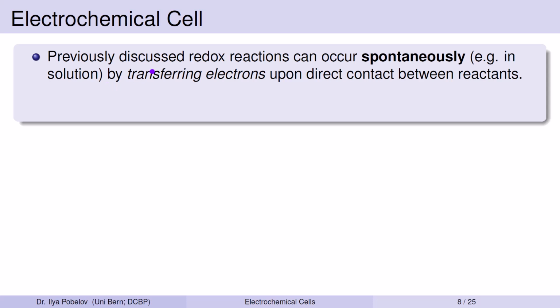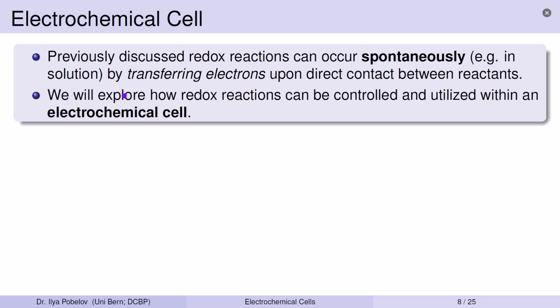Previously discussed redox reactions can occur spontaneously, for example in solution, by transferring electrons upon direct contact between reactants. But now we will explore how these reactions can be controlled and utilized within an electrochemical cell.